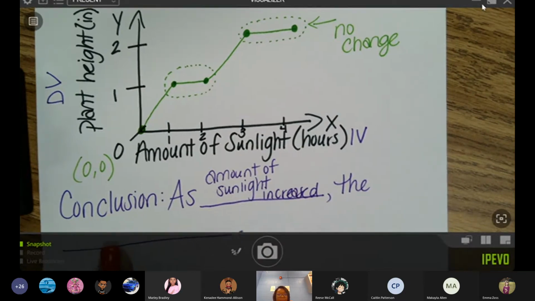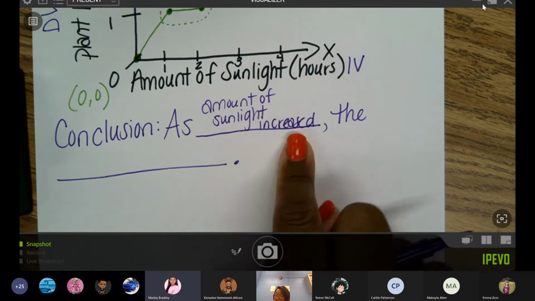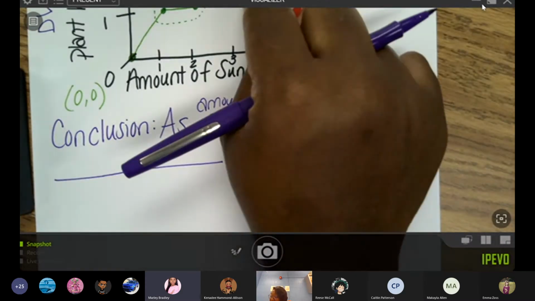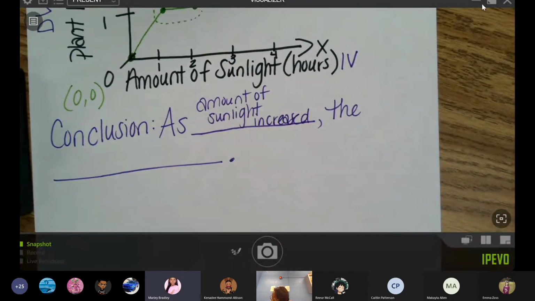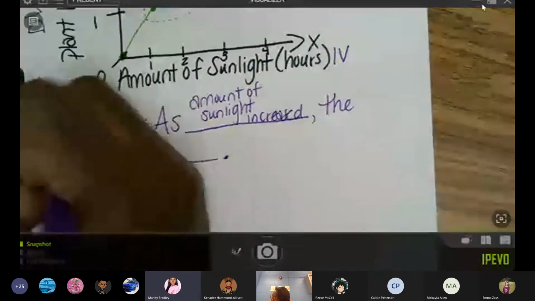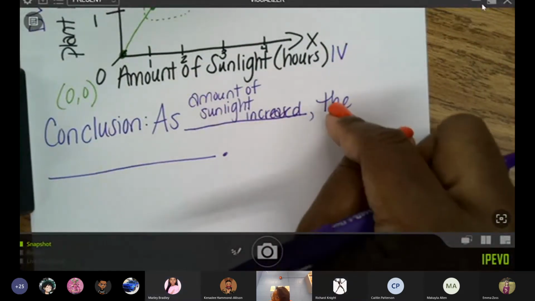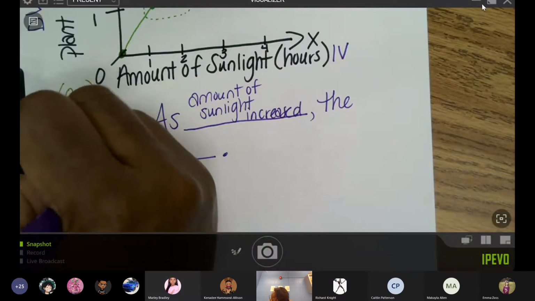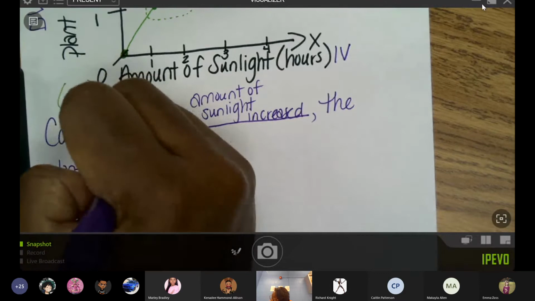As the amount of sunlight increased, the plant stayed the same. It did stay the same in some places, but it also did what? It grew a lot. It increased in height. Very good. So as the amount of sunlight increased, the plant's height increased.